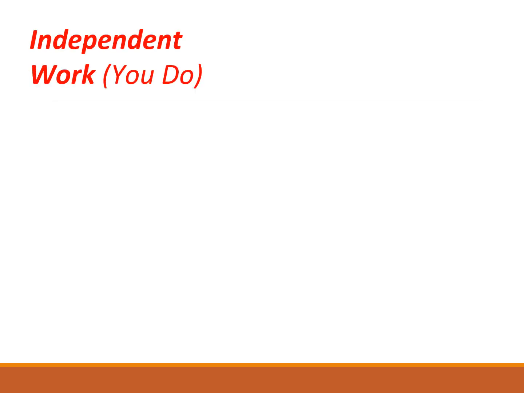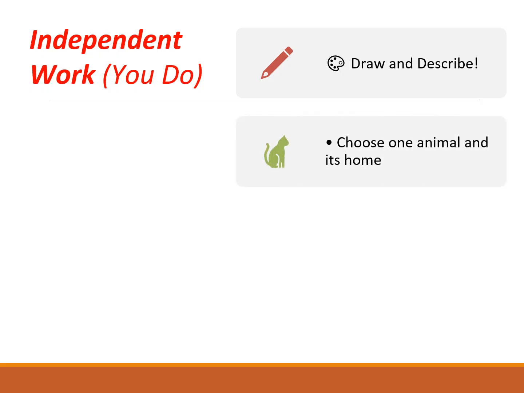After completion of we do work, we will go to the independent work. It comes under you do. What do you mean by you do? Here children will do the activities individually. Children will draw and describe.